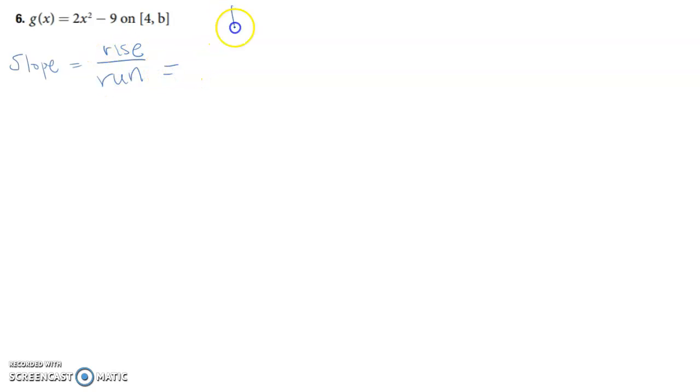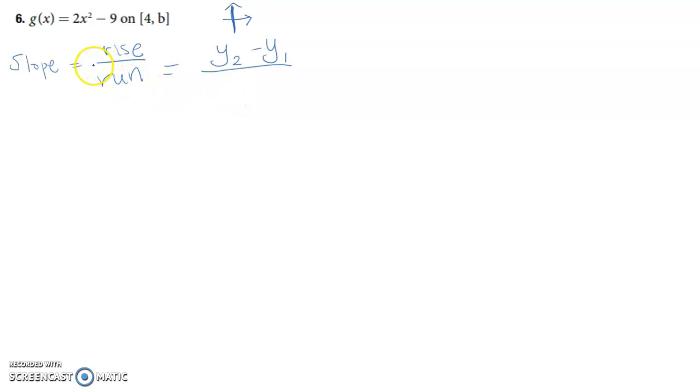We're in the Cartesian coordinates, so it's the x and y axes. Rise has to do with up and down, and we know that up and down has to do with the y's. So this is the change of y. How much did it rise? I'm just going to call this y2 minus y1, and I'll explain what y2 and y1 are.